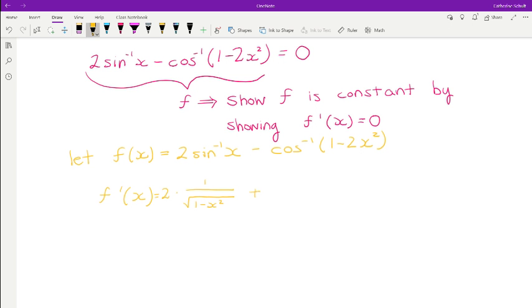So the derivative of the inverse cosine is negative, put it in parentheses to protect the negative, and then it's over the square root of 1 minus x squared, but the input is this. All right, so that's the derivative of the outside function. Then we have to take the derivative of the inside function. The derivative of 1 minus 2x squared is negative 4x. All right, and of course we have to clean everything up a little bit.